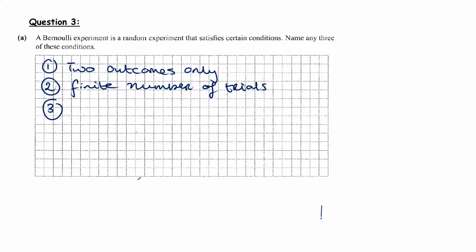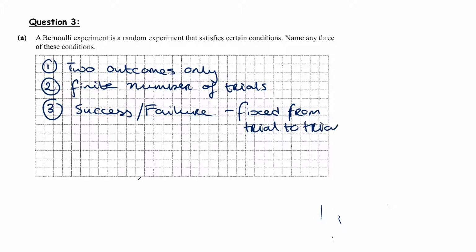The third thing is that we have the idea of success and failure, and they are fixed from trial to trial, so they don't change. And number 4 is that the trials are independent, so one does not affect the next. So we cannot use this if we do not have independence.